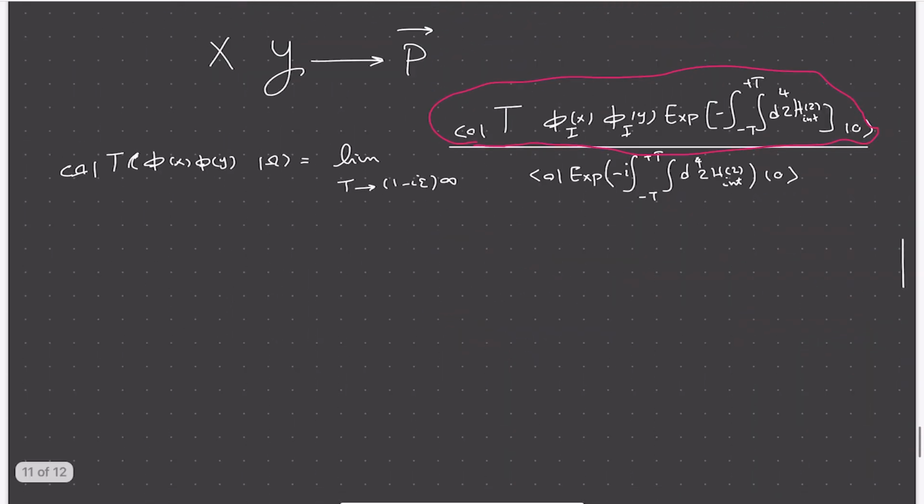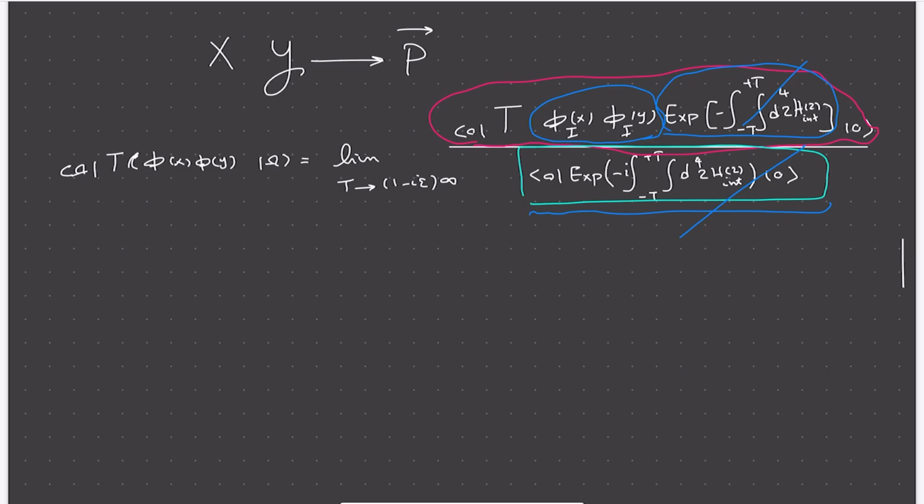Now, one of the questions was what is happening when we also have this normalization, and how basically what we have in the denominator is going to cancel out something of its own form in the numerator. So the question is, can we separate this exponential here from the rest of these fields and somehow create an argument similar to that, and then you can cancel out these two parts. So that's the goal.